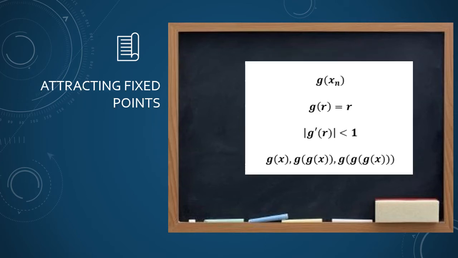Okay, so one of the things I want to talk about next is something called attracting fixed points, meaning the fixed points are attracting. Now, what does that mean? Well, when you have a function of some variable, and here we have g of x of n, we call a number a fixed point of this function if, when you plug in that number into our function, you get that number out.